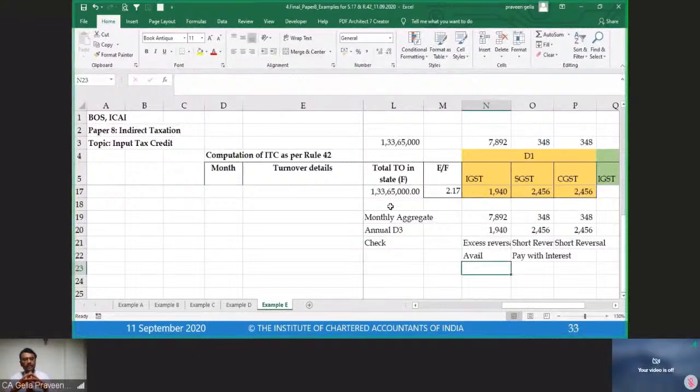There is only one problem in relation to capital goods, which is covered in Rule 43. Tomorrow I'll start with Rule 43, ITC reversal in relation to capital goods. Then we will go further in relation to Section 18 and then other job work provisions.